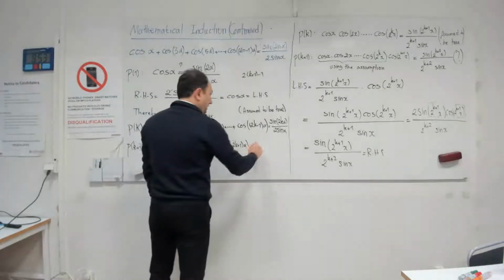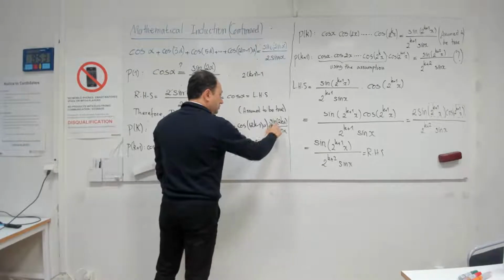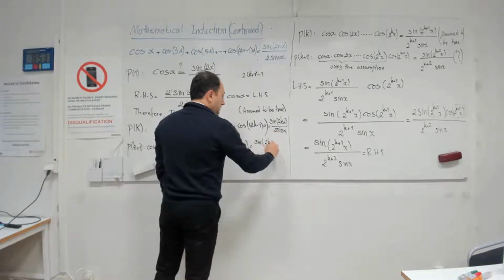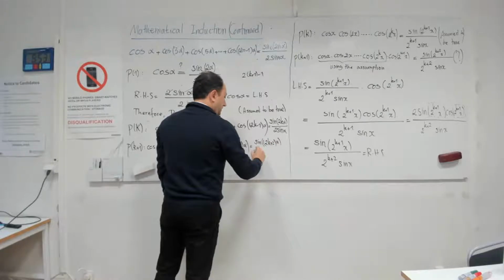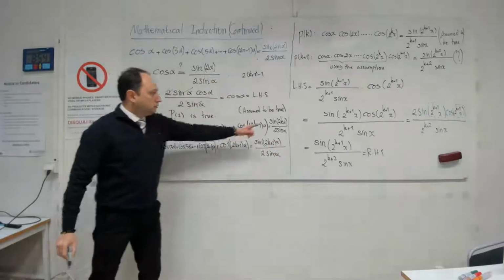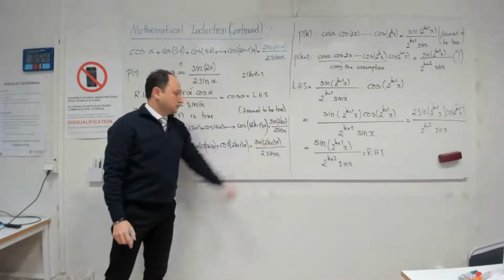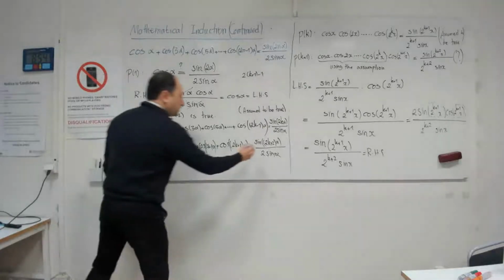And then here I need to replace k with k plus 1. So this becomes 2k plus 2. And then the denominator is the same. It's independent of k. So I replace k with brackets around it. With k plus 1 in brackets, it becomes 2k plus 2. So this is my question mark.